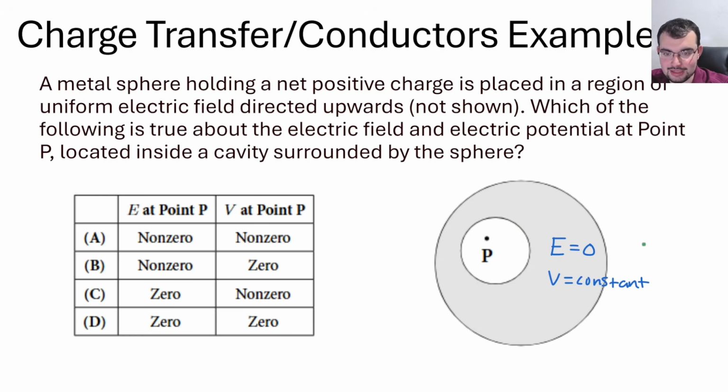So whoever's in the cavity is ignorant to the outside world. They're completely protected from external fields. So the field is 0, and the potential can't change if there's no E field. So the potential is whatever value it was everywhere else in the sphere, which is constant and non-zero, because V is not 0 in a conductor. V is only 0 very, very far away in these types of problems.